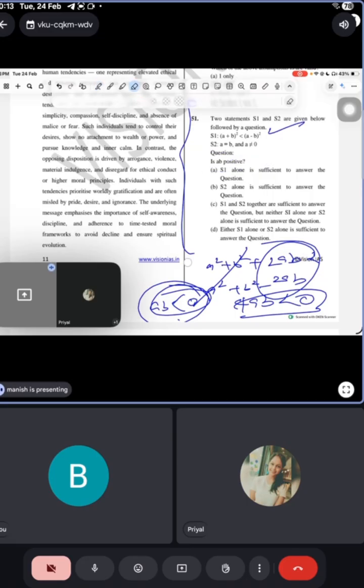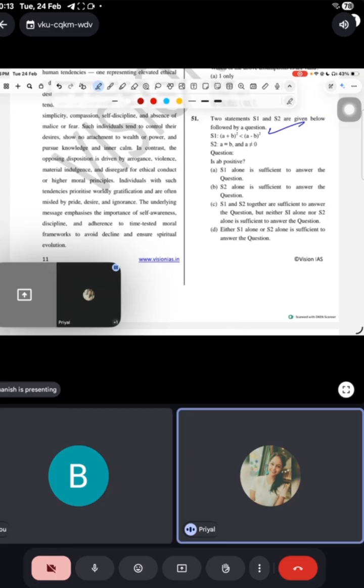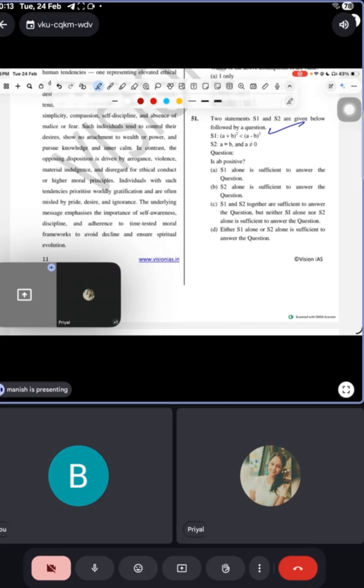Now let's justify statement 2. Now see second: a equal to b. So let's say if I take a equal to minus 1 and b equal to minus 1, they both are equal.